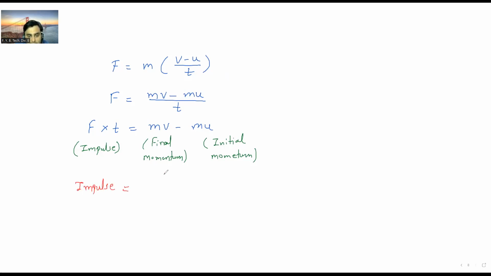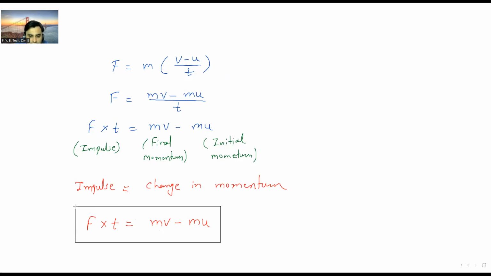So impulse is equal to change in momentum. That is your final formula: F into T is equal to final momentum minus initial momentum. This is your impulse momentum. Okay.